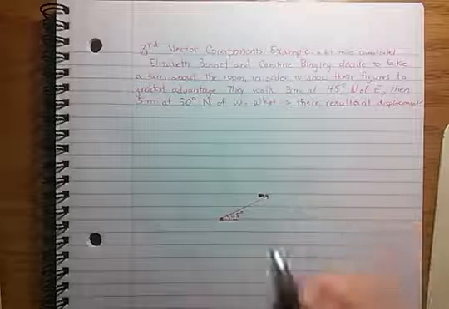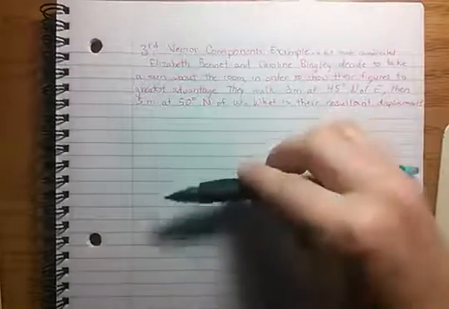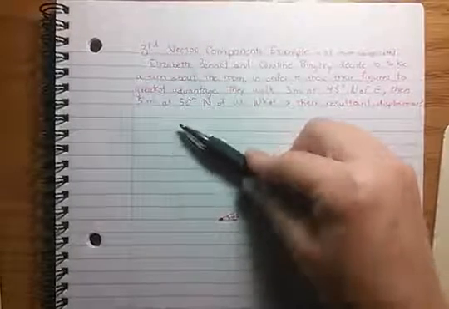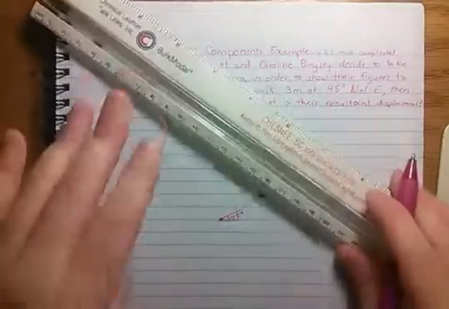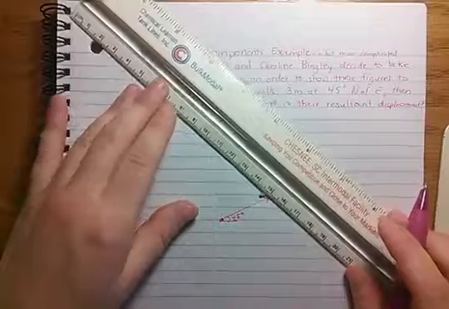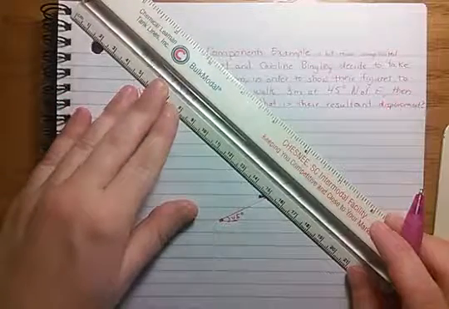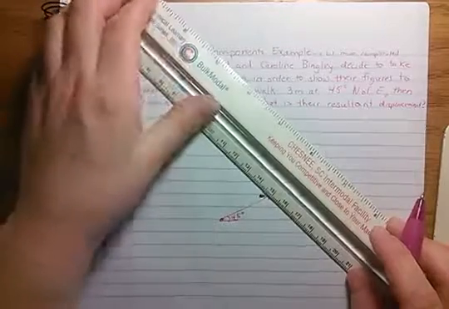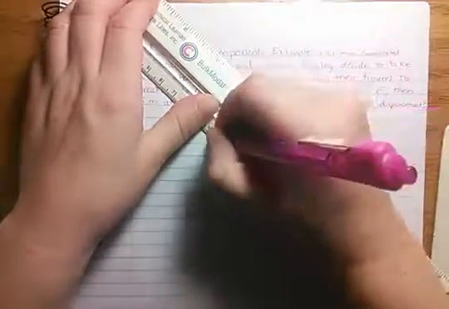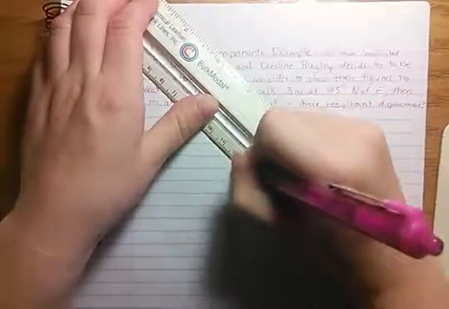So that little blue line that I just drew is our western line, and they went 50 degrees north of that. And again, I'm going to use my ruler. I'd say that's about 50 degrees. And I'm going to go from 15 to 10 for my 5 meters. Okay, so they end up here.